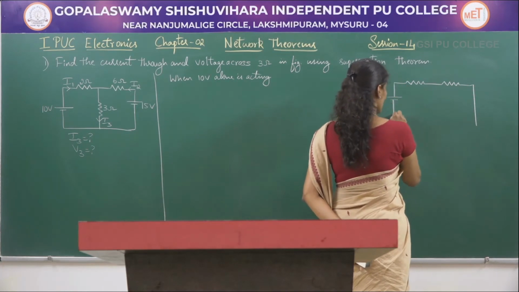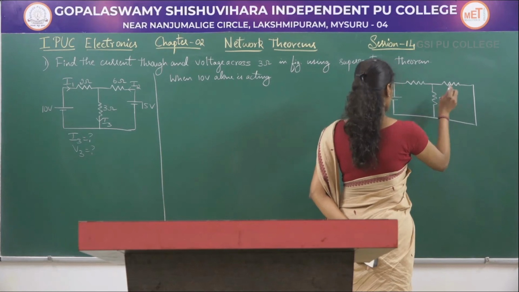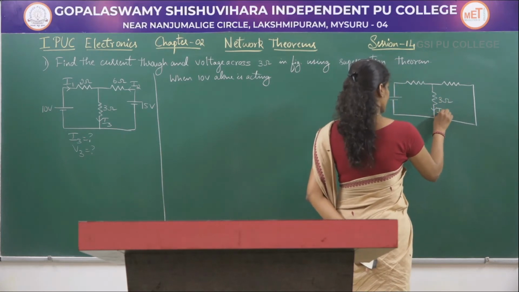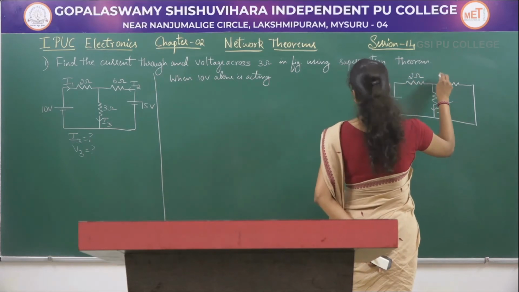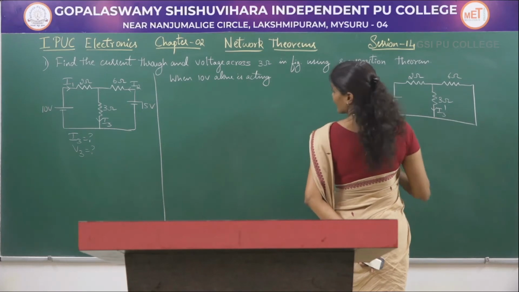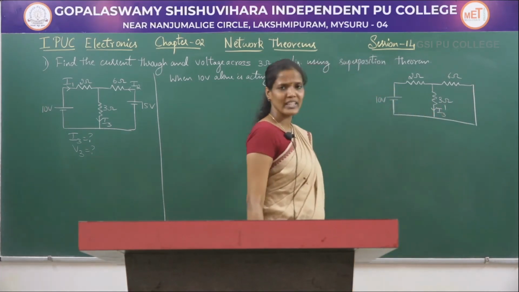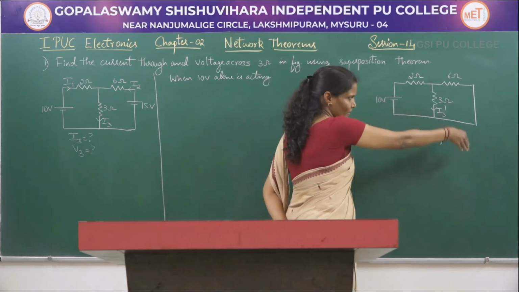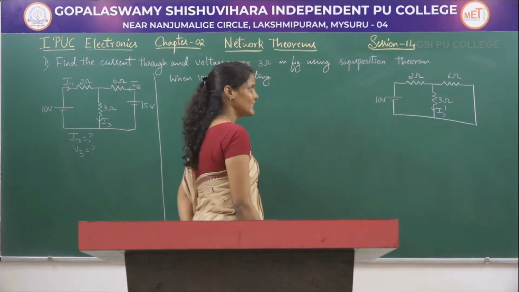Here I am having 10 volts and here I am having a 3 ohm resistor, and let me denote that current as I3 dash, 2 ohm, 6 ohm, and this is equal to 10 volts. The current I2 can be neglected because we are not having any kind of voltage source over there. We have shorted that voltage source, so the new diagram will be like this.